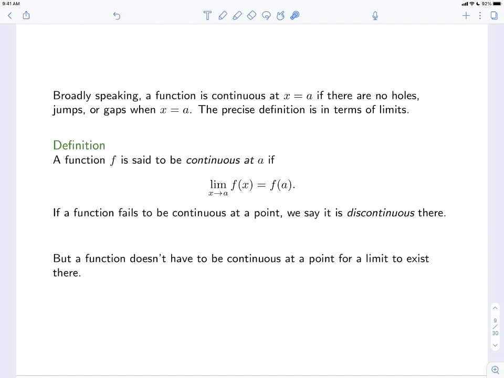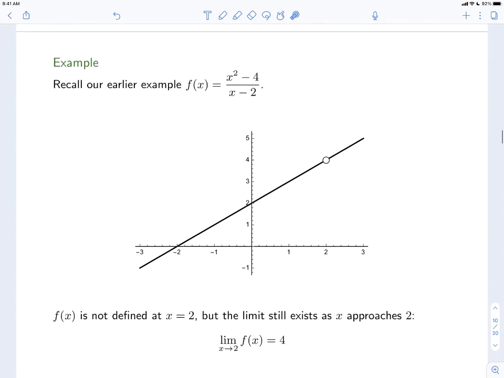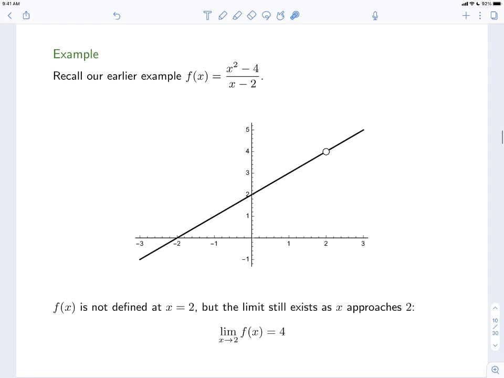Now, if a function fails to be continuous at a point, we say it's discontinuous there. But a function doesn't have to be continuous at a point in order for a limit to exist. In our earlier example, where we were looking at f at x equals x squared minus 4 divided by x minus 2, we saw that the limit did exist. The limit as x approaches 2 of f at x is equal to 4.